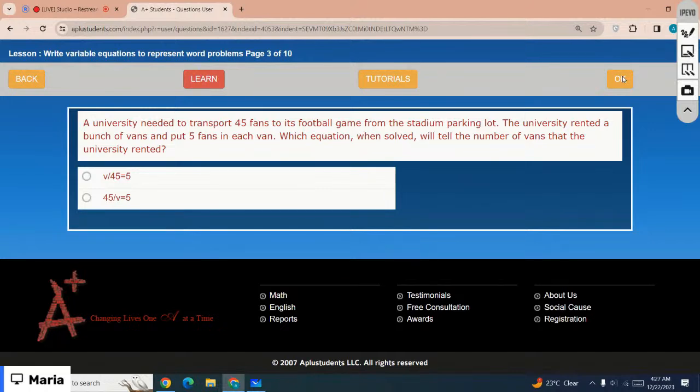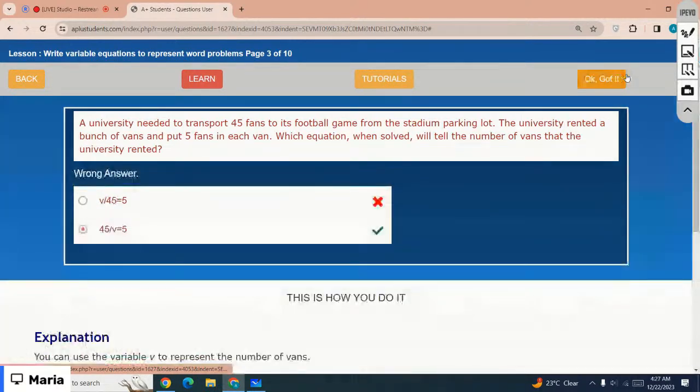Yes, you don't know the number of vans. No, no, sorry. 2 is the correct option.